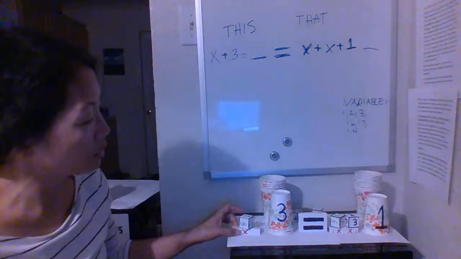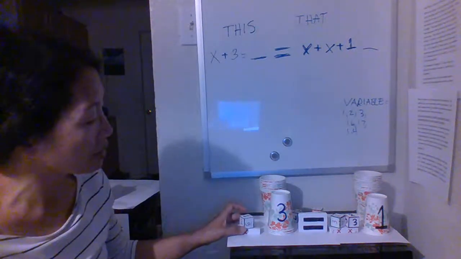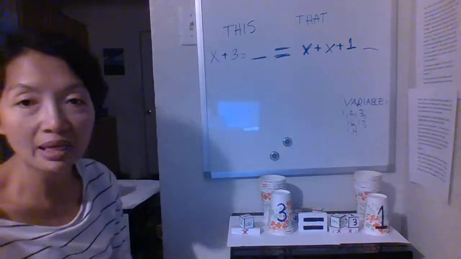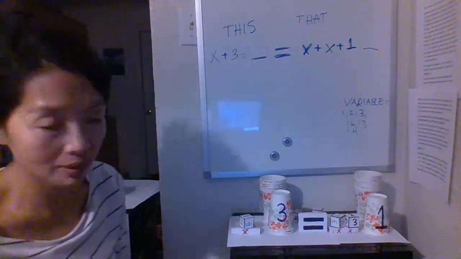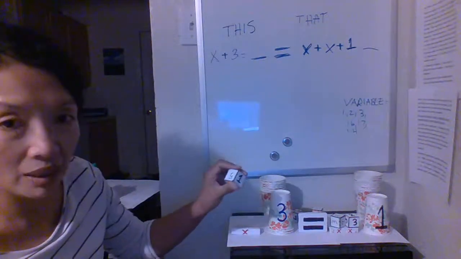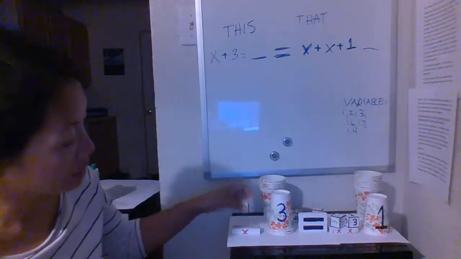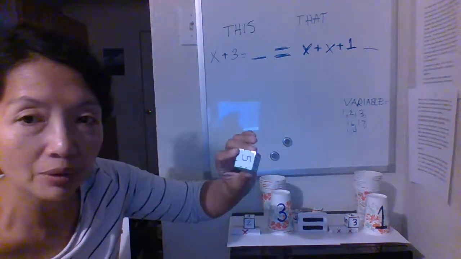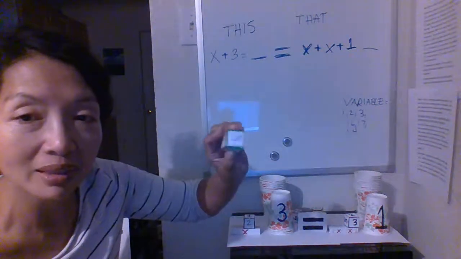But I want you to explore with these and figure out, through substitution, an answer with your given. Okay, so let's see here. You look at this, the blocks have all kinds of numbers on them. When you explore them, it could actually be any number. And that's what a variable means. It can mean any number.